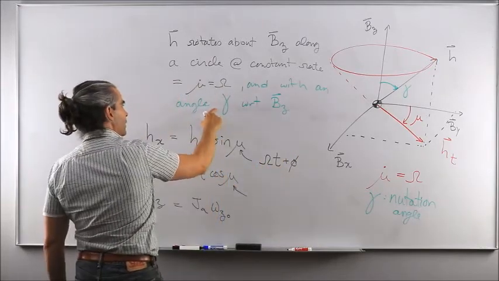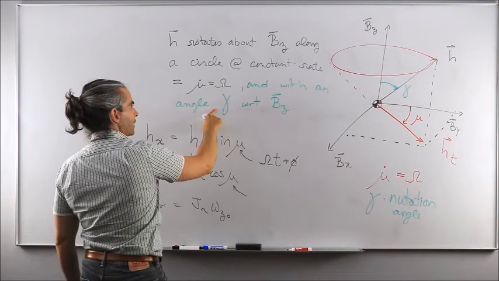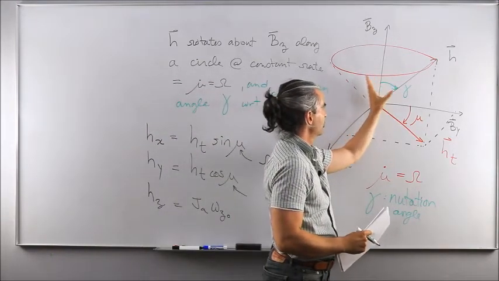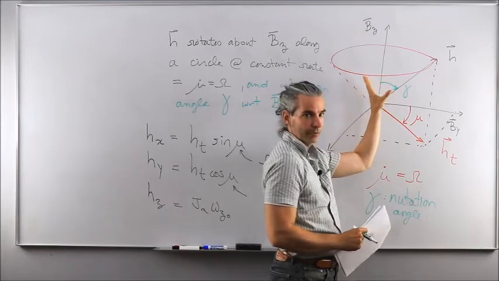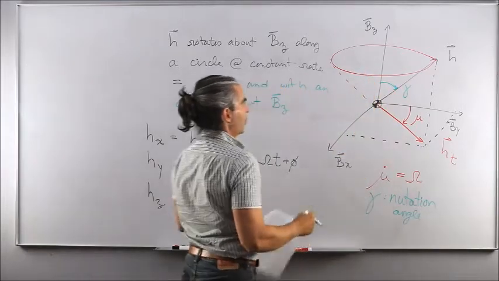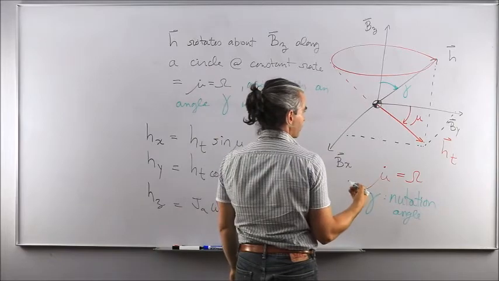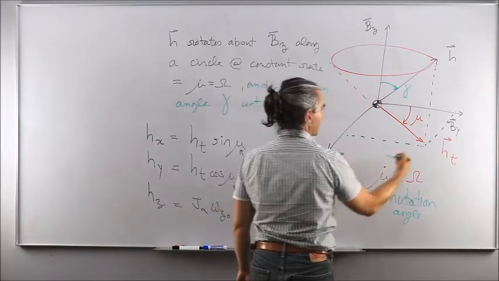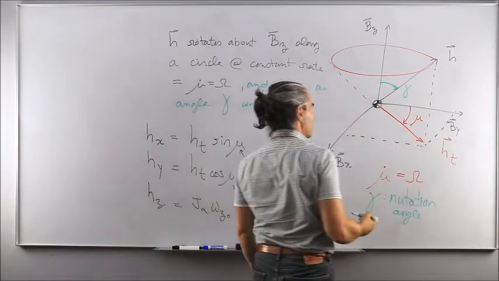So this angle here is actually defining the opening of that cone. The larger the angle, the larger the opening of that cone. And the way this angle is defined is just through the initial conditions imposed on the hx, hy, and hz direction.